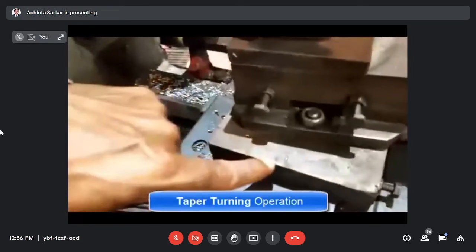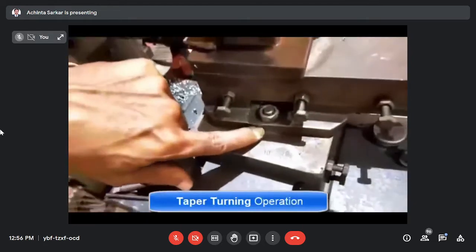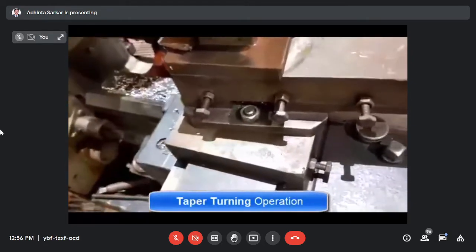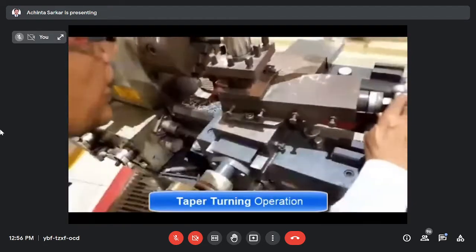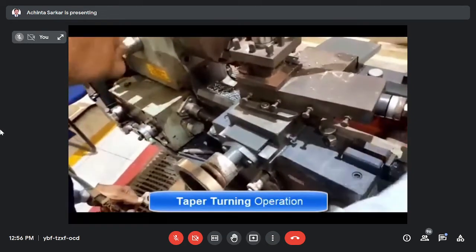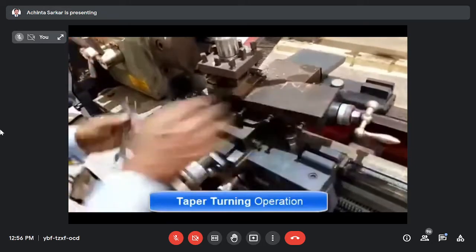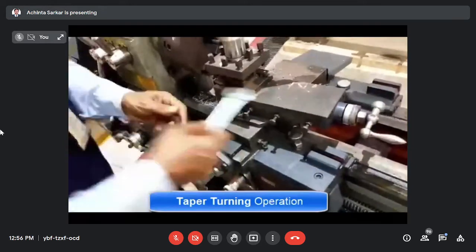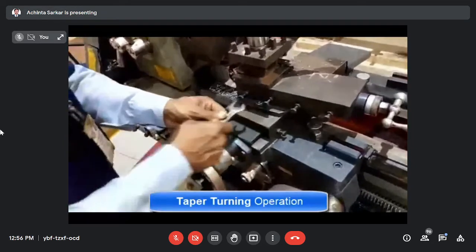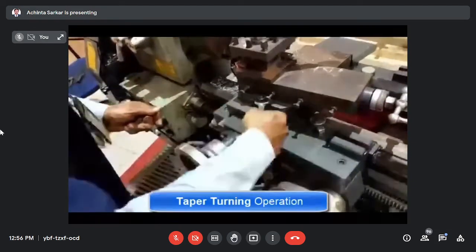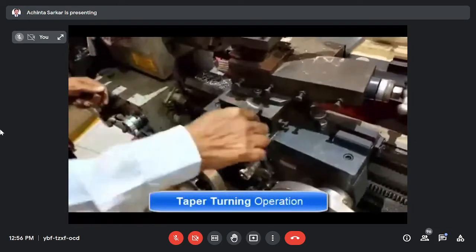This is called the compound rest part. And here is the datum line. This datum line is set to a division towards the right-hand side, not the left-hand side. After setting the division, then tighten both side knots firmly.